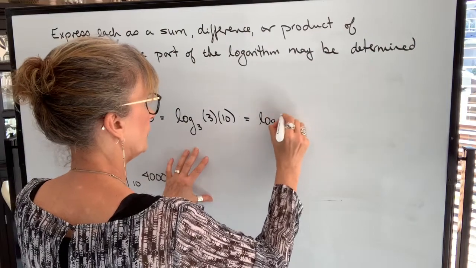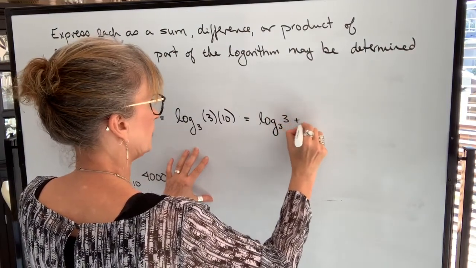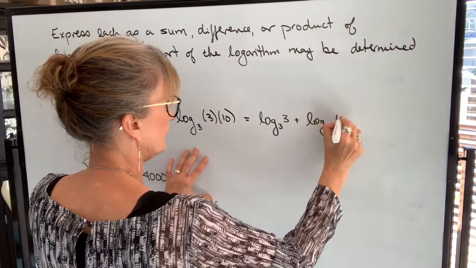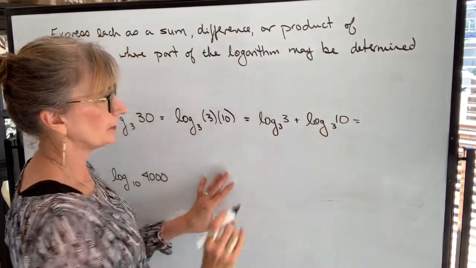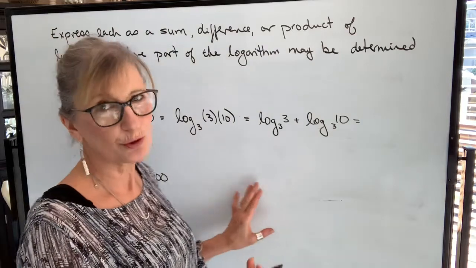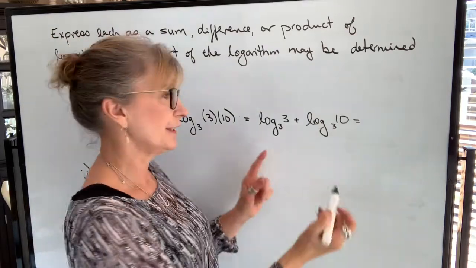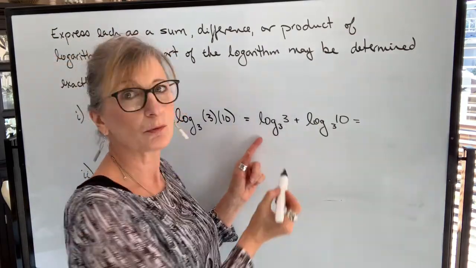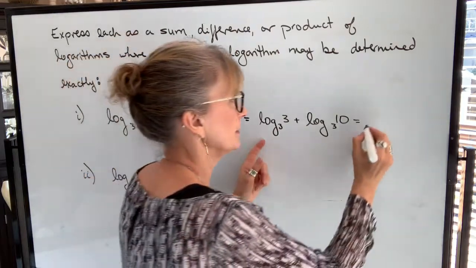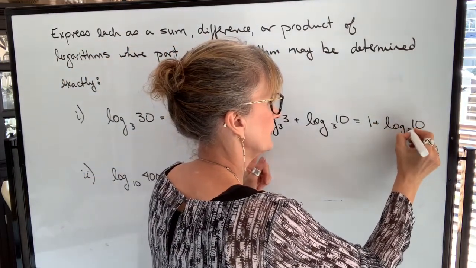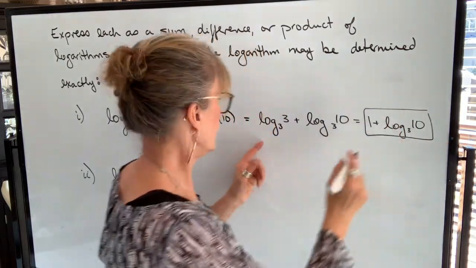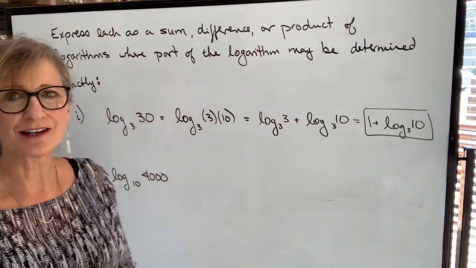That will be the log of 3 plus the log of 10. And we can calculate what the log of 3 is. You can either use your property that I mentioned or think about what 3 must be raised to equal 3. The answer is 1. So it will be 1 plus the log of 10. So that's what they're looking for if you see questions like that.